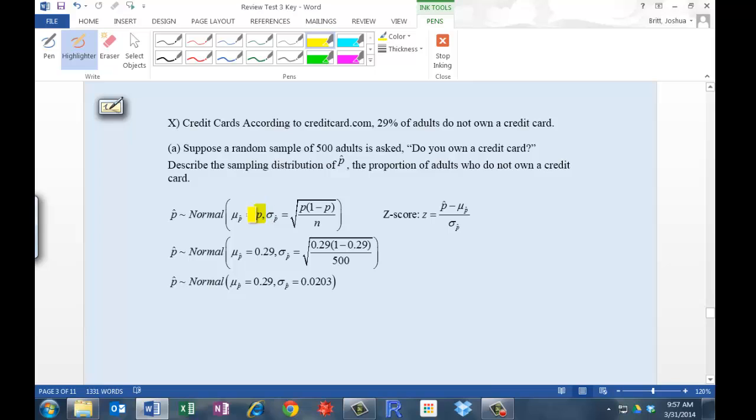So notice we just have to know p and n. P is 0.29. This guy here is p. And sample size is 500. So plug it in, we get the mean is this, standard deviation is this.